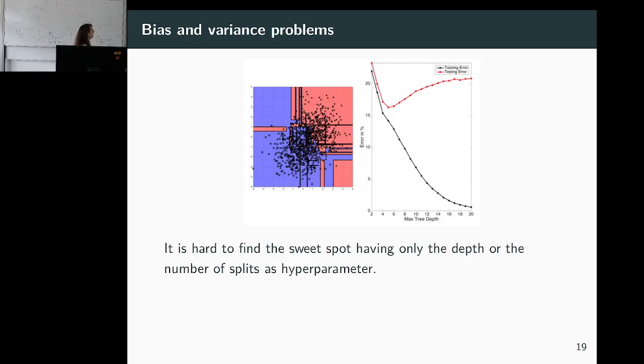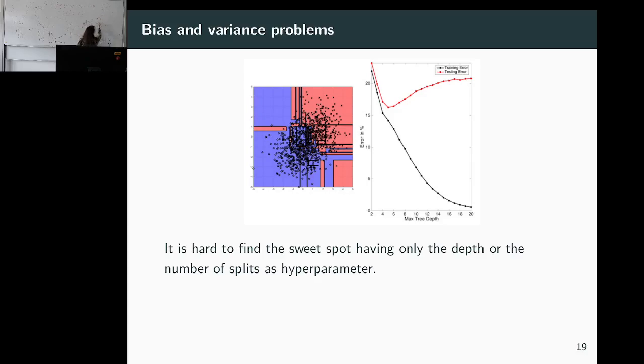If we only have the depth or the number of splits as a hyperparameter, we cannot do a lot of variations, so we cannot really explore the big space. For example, if you enlarge this plot afterwards at home, you will see there are basically two Gaussians in there, which are really noisy, but they look like this.